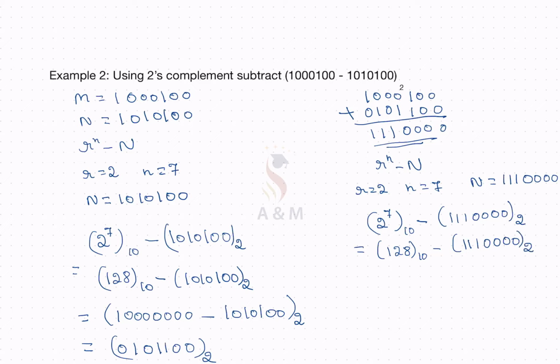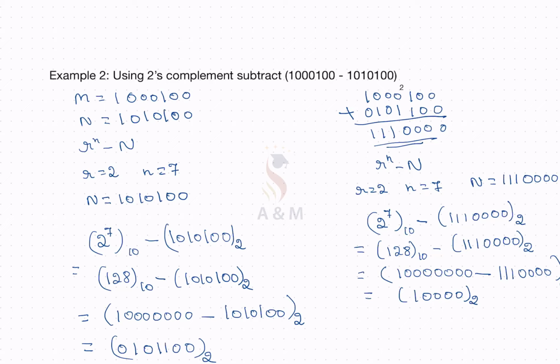Here we have different bases, therefore we have to convert the base 10 into binary. We get 1000000 minus 1110000 to the base 2, which is equals to 10000 to the base 2.